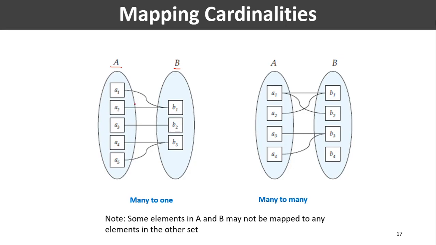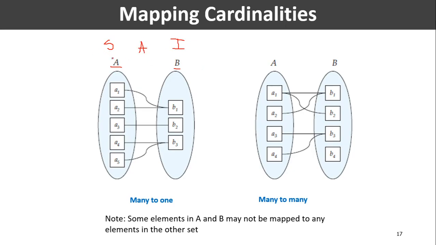So now in this case, let us assume that A is our student and B is our instructor, and we are talking about the relationship set between these two, that is advisor.